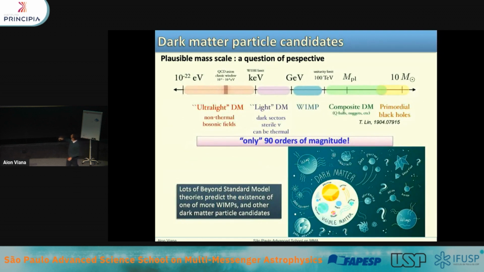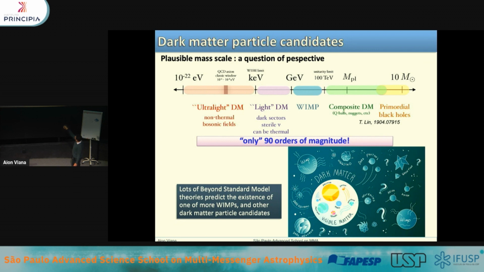Now, of course, this is just a question of perspective, because over the last decades we have had lots of different types of candidates that can explain dark matter in different ways. You can explain the relic density through other mechanisms, not only the freeze-out mechanism, and those will have different dark matter particles that can explain it.